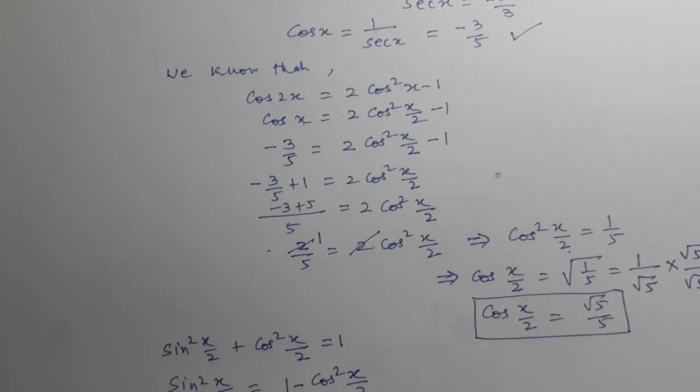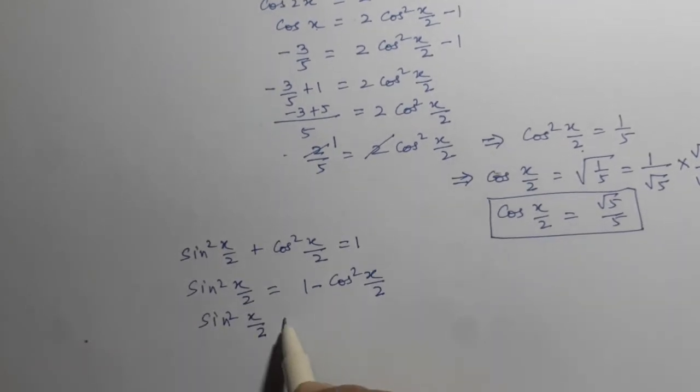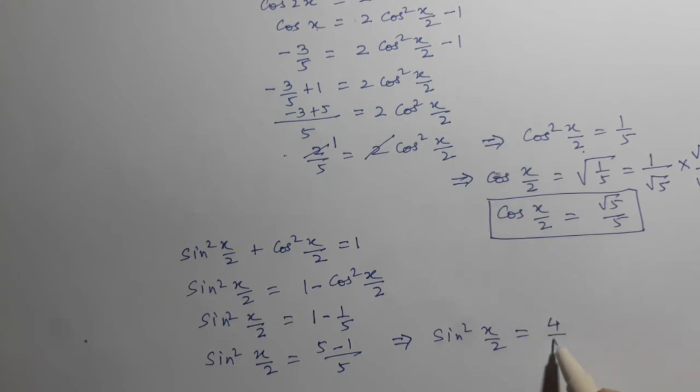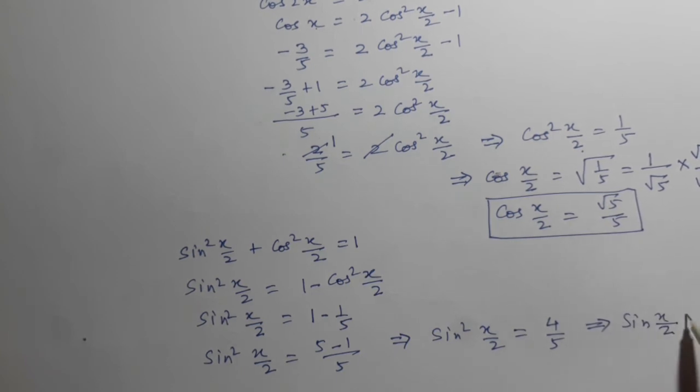So it will be sin square x by 2 will be 1 minus 1 by 5. Sin square x by 2 will be 5 here, 5 will be here, 1 will be here. So from this, sin square x by 2 will be 4 by 5, and again sin x by 2 will be root over 4 by 5.